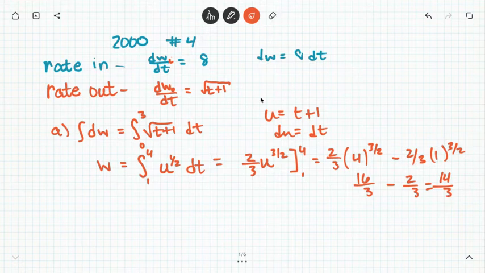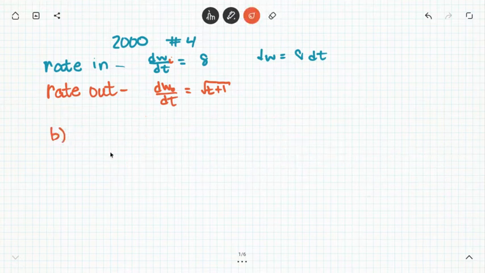Okay, we'll move on to B part. I'm going to go ahead and erase this. How many gallons are in the tank at time t equal 3. We answered in part A that 14/3 are leaking out of the tank. In B, in order to find how many are in there, we have to figure out how many go into the tank, so we have a rate in.